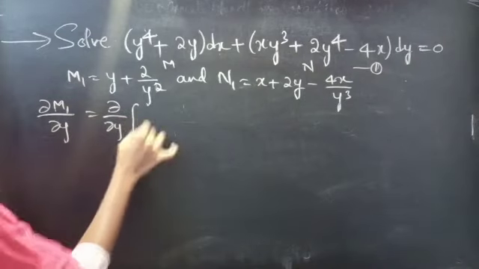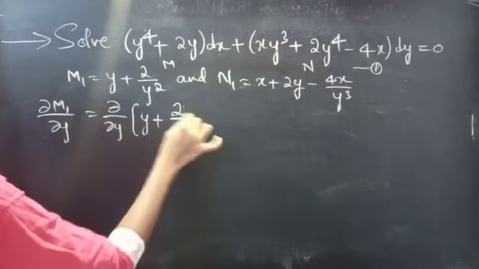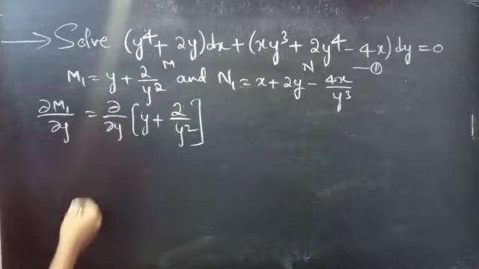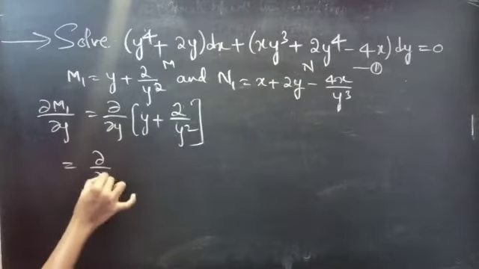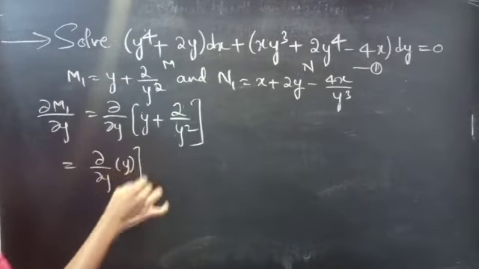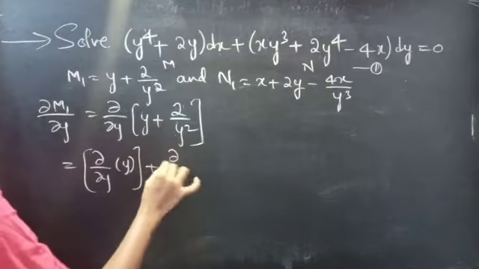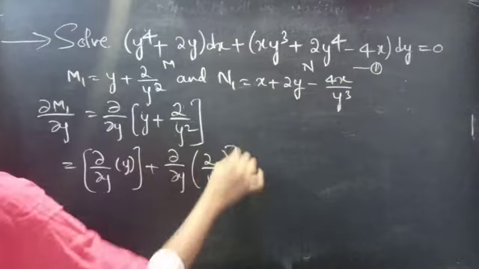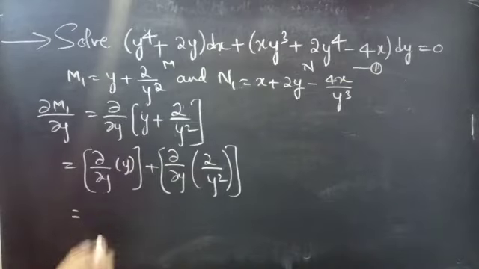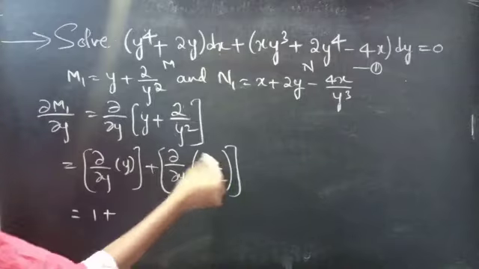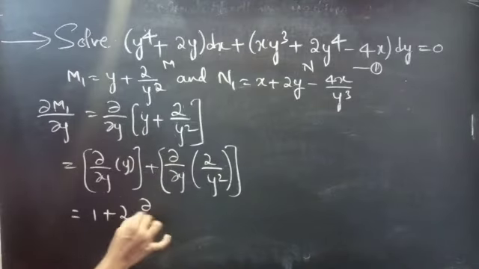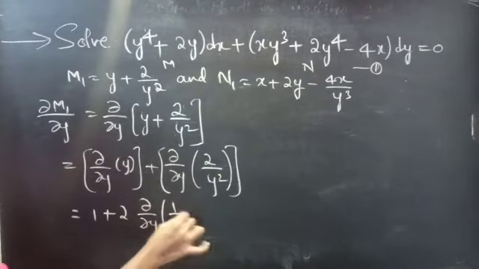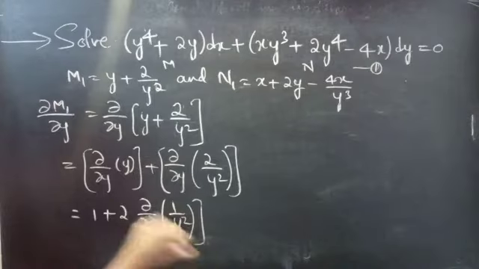Partial derivative of (y + 2y/y²) is equal to the partial derivative of the first term with respect to y plus the partial derivative of the second term with respect to y. The partial derivative of y with respect to y is 1, plus here 2 is a constant, so you can write this as 2 into the partial derivative of 1/y² with respect to y.